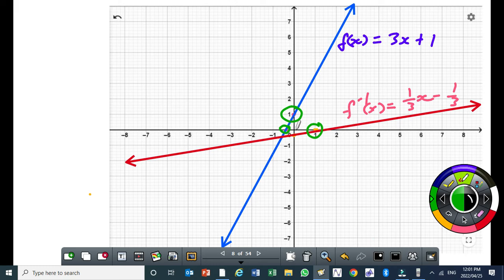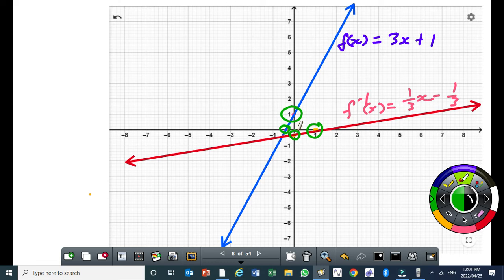Now, that value is the y-intercept of the inverse. So there is a swap which took place of x and y values.